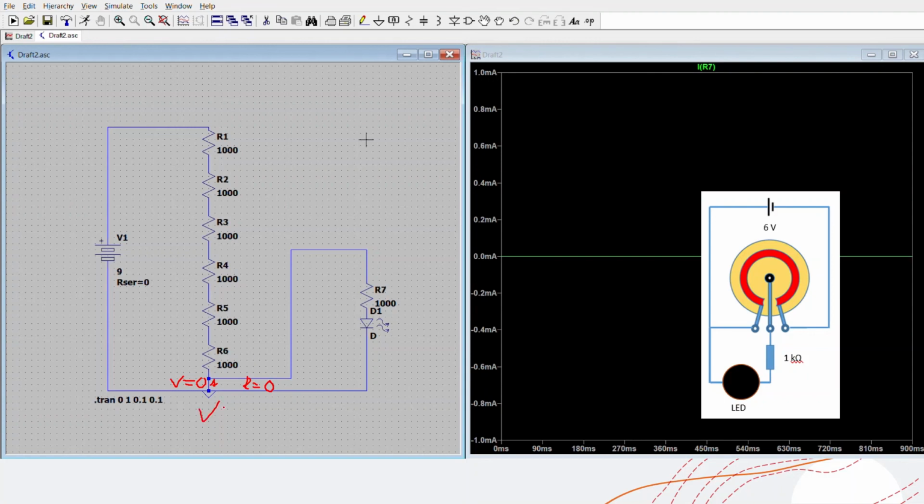Again, according to Ohm's law, V is equal to I times R. Any number multiplied by 0 is equal to 0. So we have 0 voltage here, and 0 voltage means 0 current. So the current in our external circuit is also 0. So our LED is no longer lighting up.